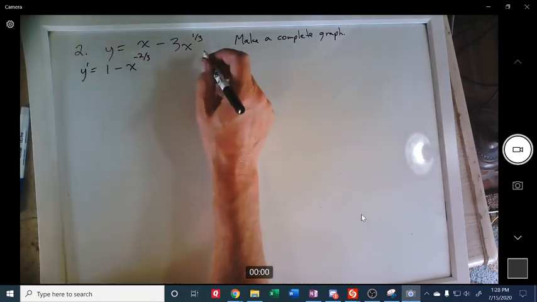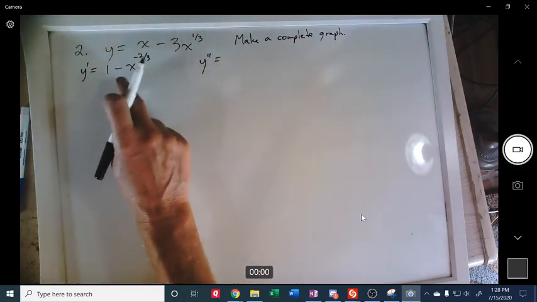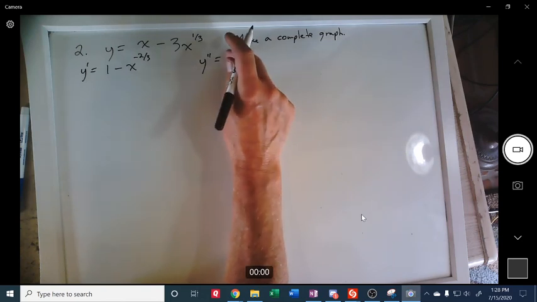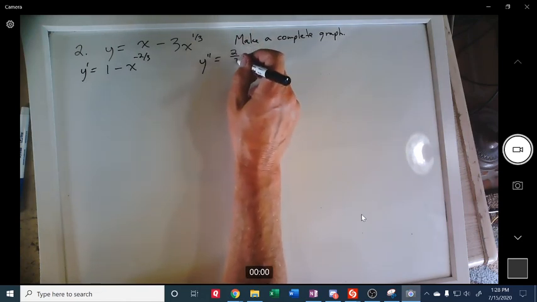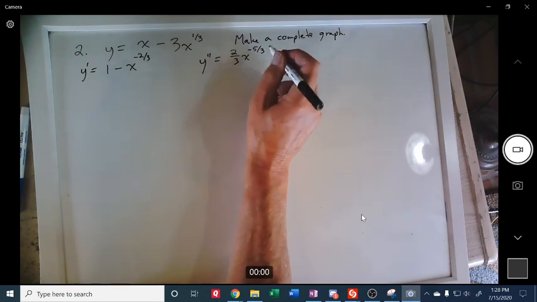And then we're going to take y double prime. The derivative of 1 goes away, and I get positive 2/3 x to the negative 5/3.